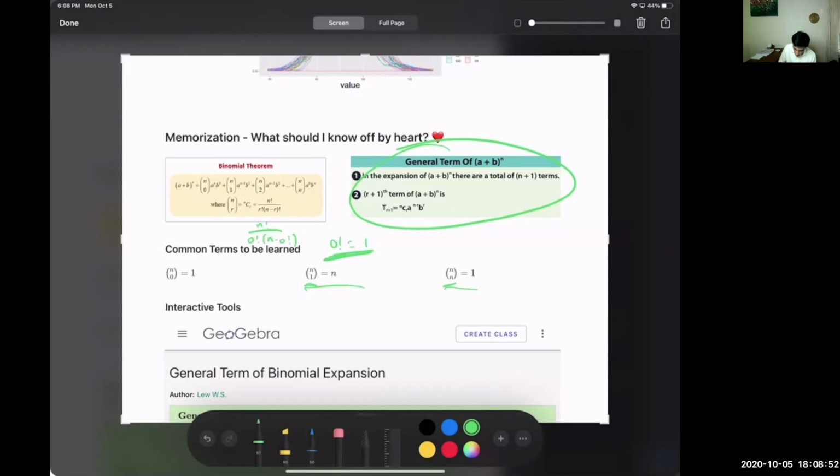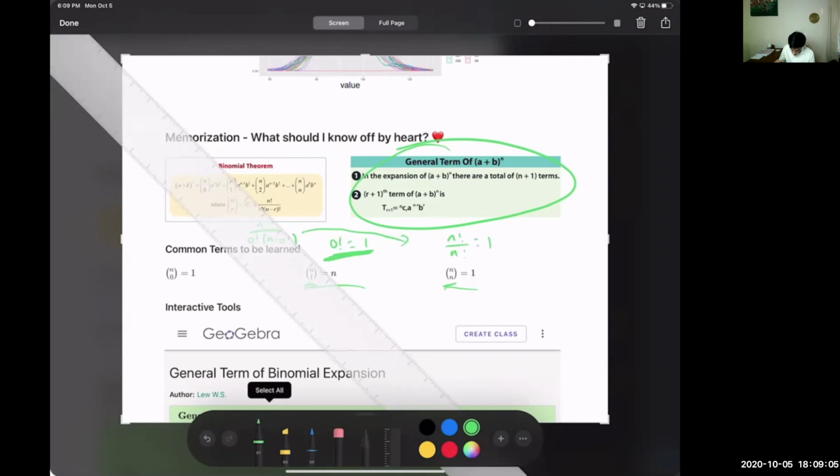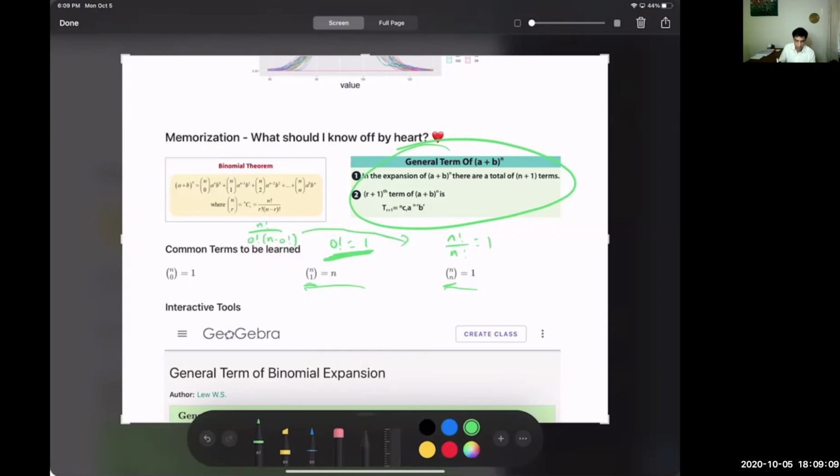This was quite interesting. There's a cool video I can show you guys later for this one. So essentially this becomes n factorial over n factorial, and that's why this is equal to 1. Being able to do this is helpful for that.